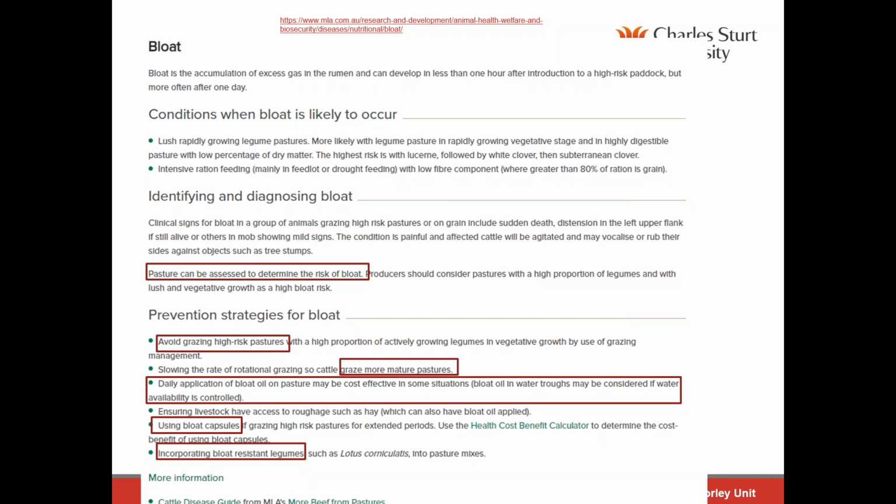Daily application of bloat oil on pasture may be cost effective in some situations. That's a dairy cattle recommendation coming out in beef cattle. And if you can do it, as they say there, it works pretty well, but most people won't be moving their cattle daily and be able to put bloat oil on the small bit of pasture that they move the cattle to. But if you happen to be rotating cattle on a daily basis, you can apply bloat oil.